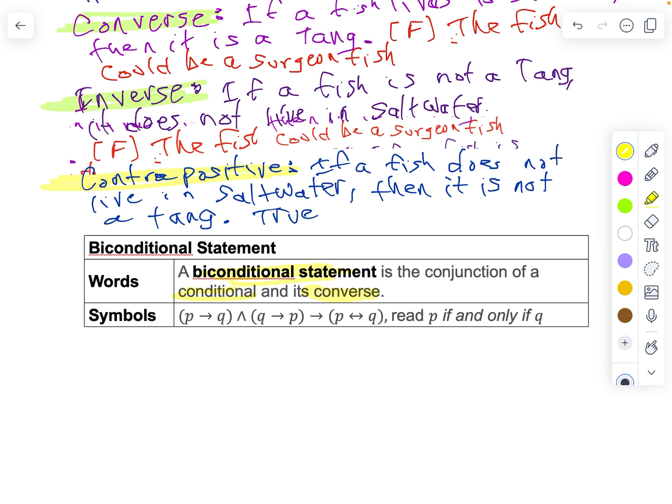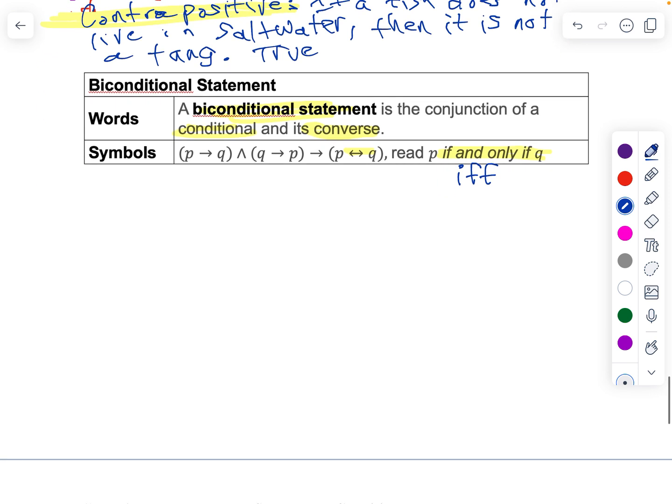The symbol we use for biconditional is the double arrow. We say if and only if, and if you ever see it written as IFF, that is not if spelled wrong. That's an abbreviation for if and only if. If I don't want to write if and only if because it gets kind of long, we'll just write IFF. We'll do that one on the next video.